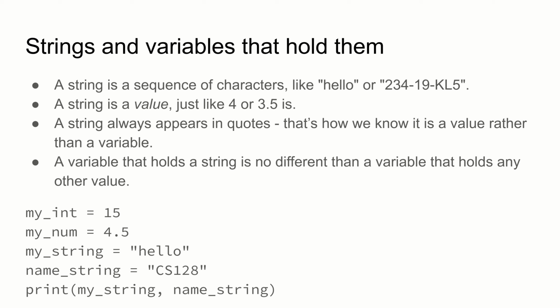And so here we have an integer variable set to be 15, and then another kind of number, a decimal number variable that's set to be 4.5, a string of hello, and a string of CS128. We could print the two strings using two print commands, or we could use a single print command. Either one will work just fine.